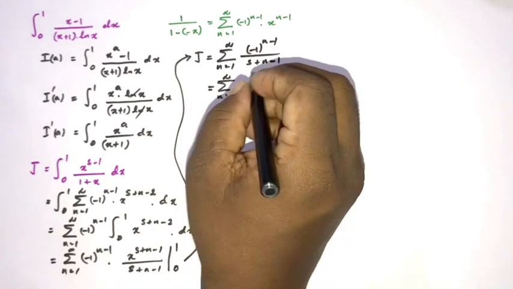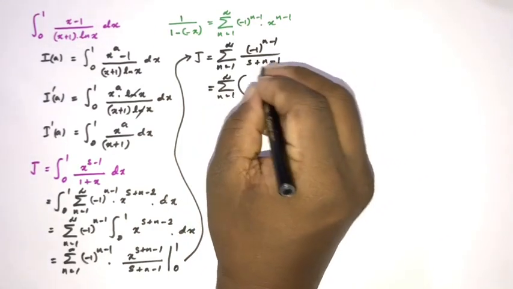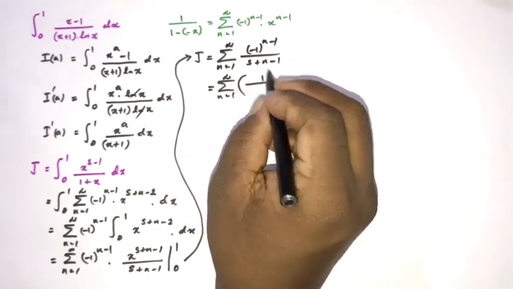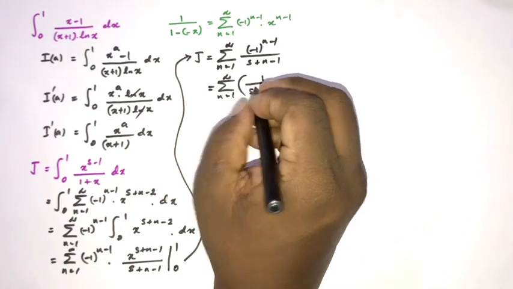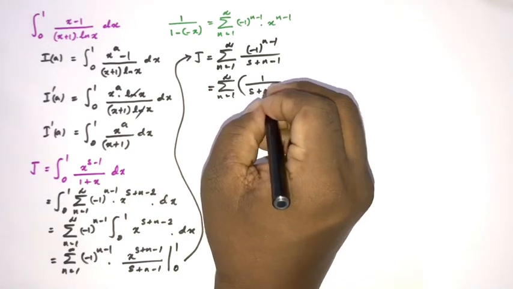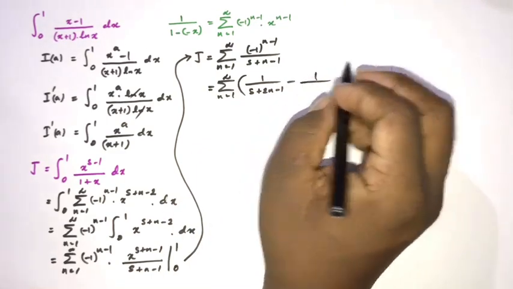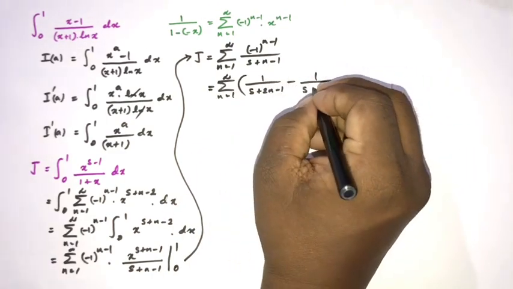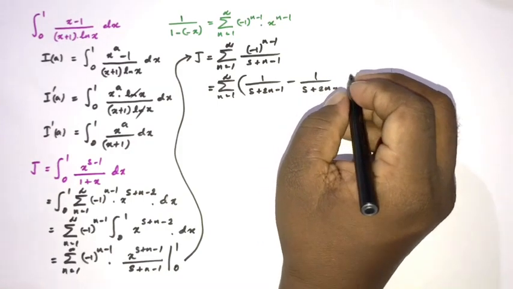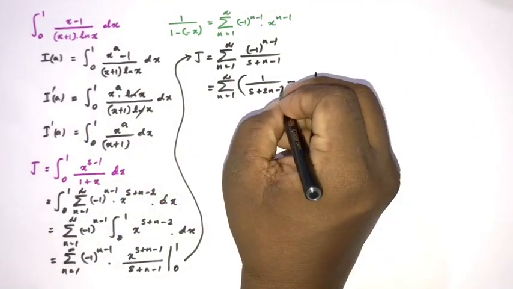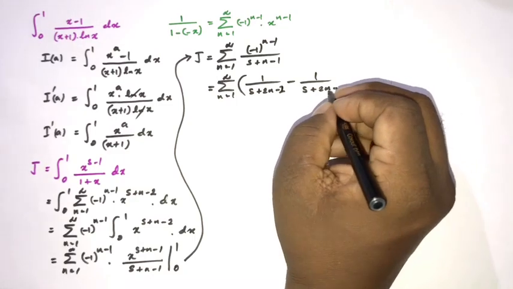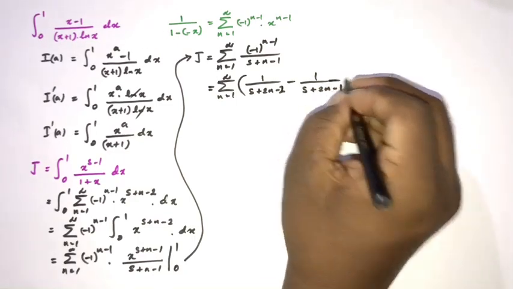So we will have 1 over s plus 2n minus 1 minus 1 over 2n plus s minus 1.